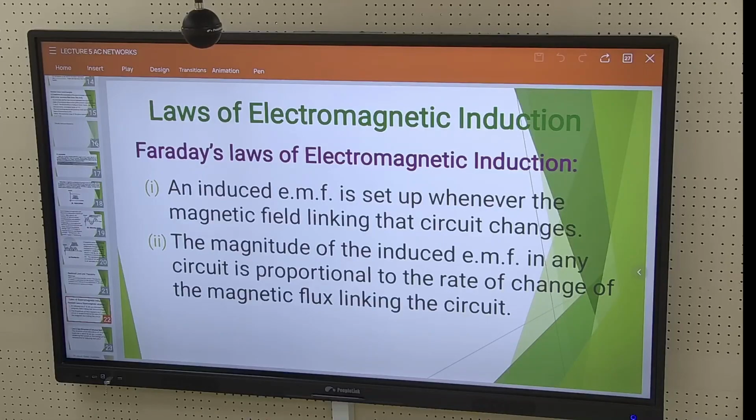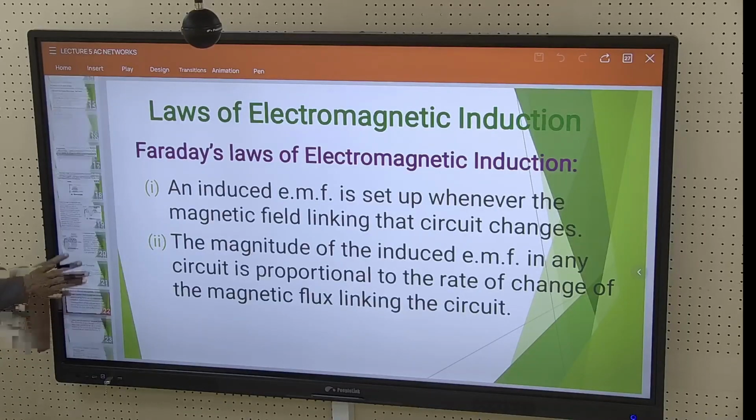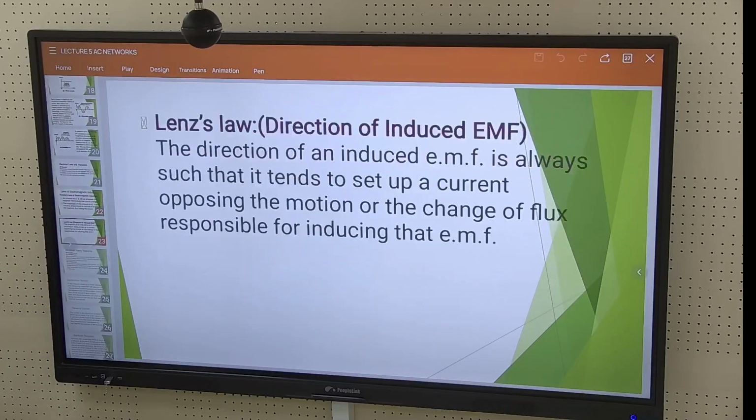The magnitude of the induced EMF in any circuit is proportional to the rate of change of the magnetic flux linking the circuit.